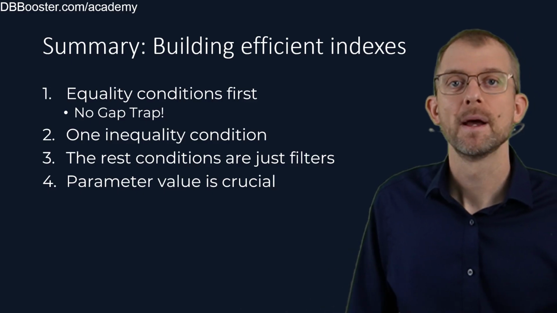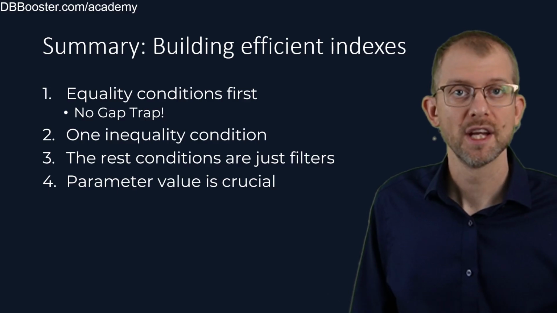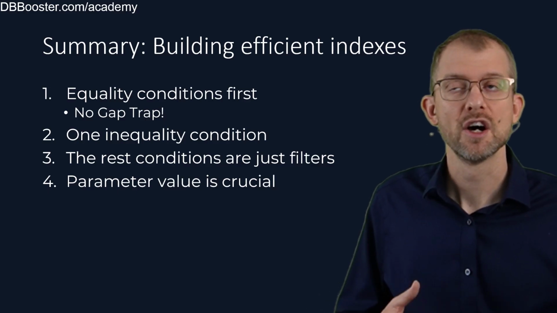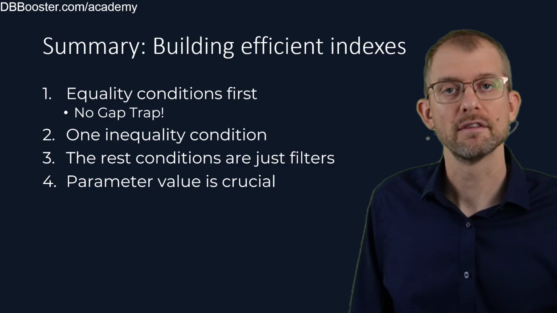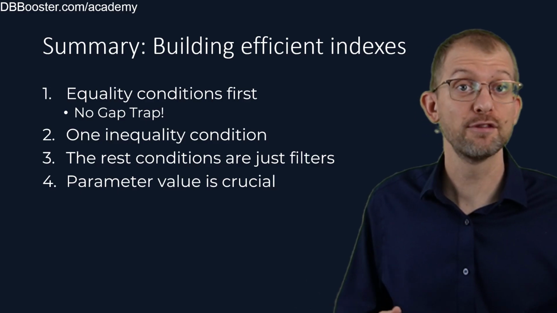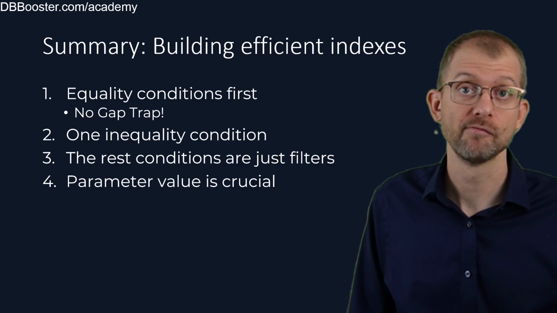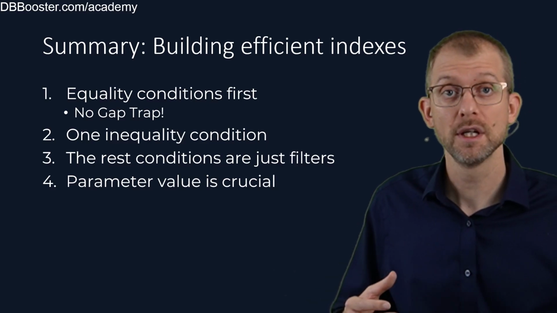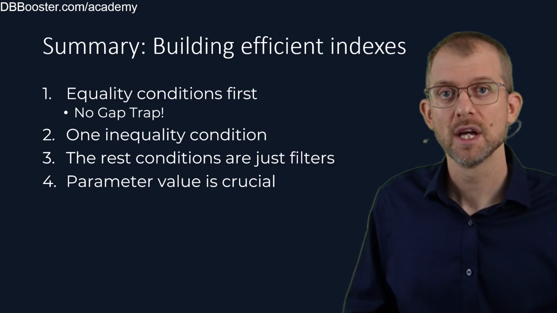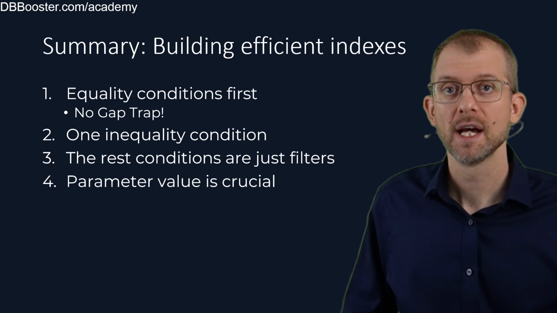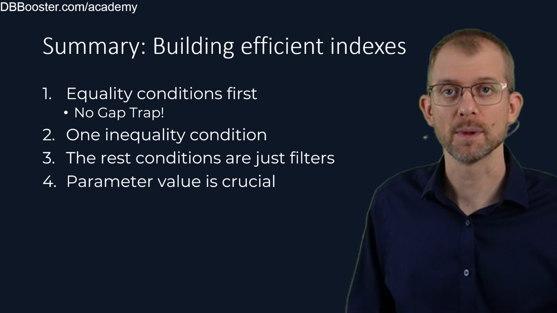And remember, parameter values are crucial, and it can be challenging to get realistic, real-life values. So that's it for this episode. Now you know how to decide which conditions really matter, and how the order, the number of inequalities, and the parameter values can completely change performance.